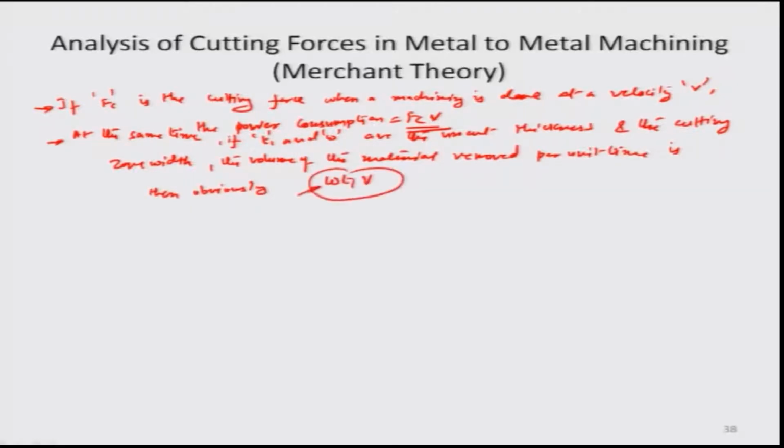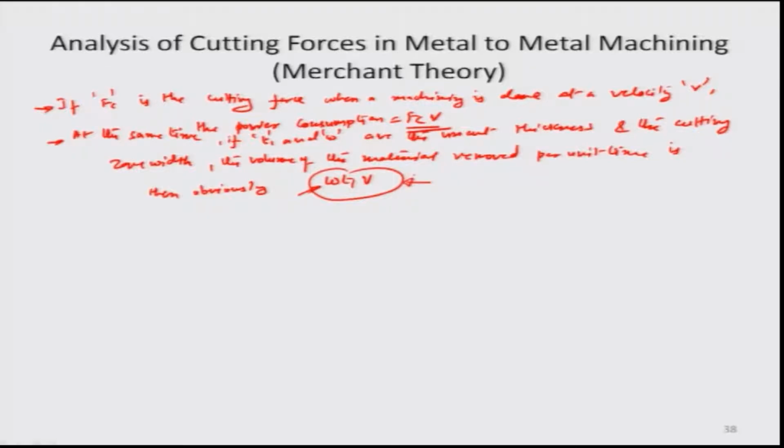So this is basically the total volume or total sectional area of the material, and V is the velocity, and so that is going to be the total amount of volume per unit time that is being removed.